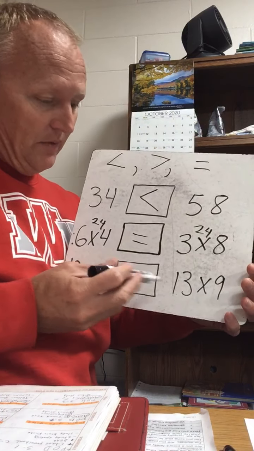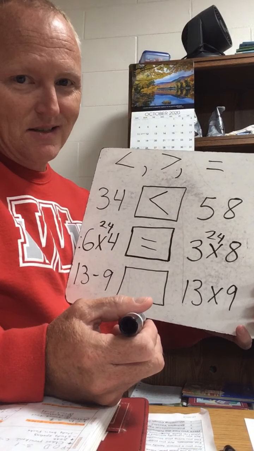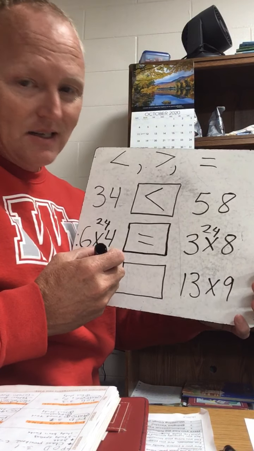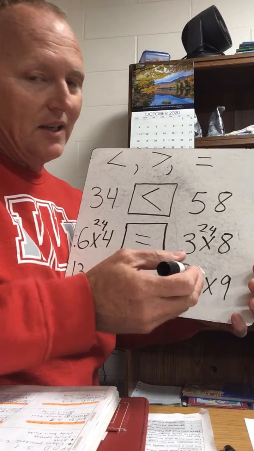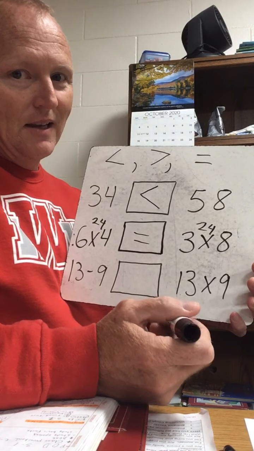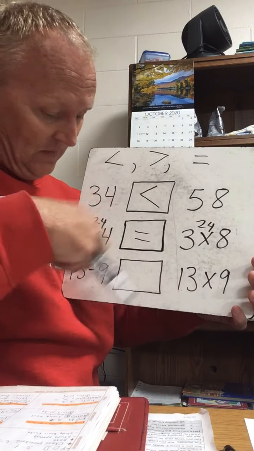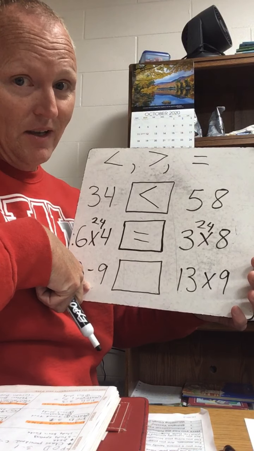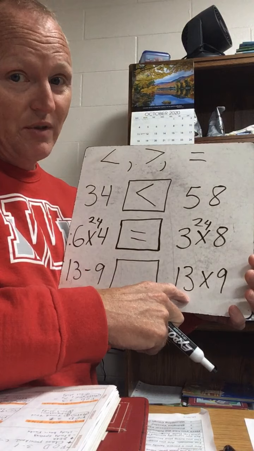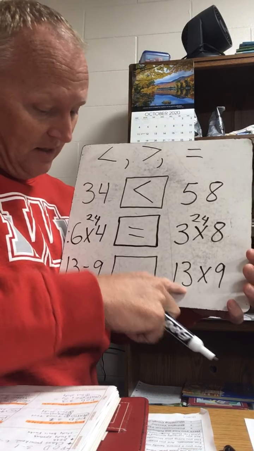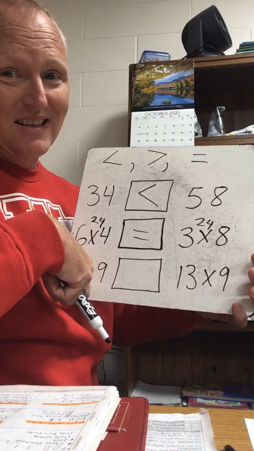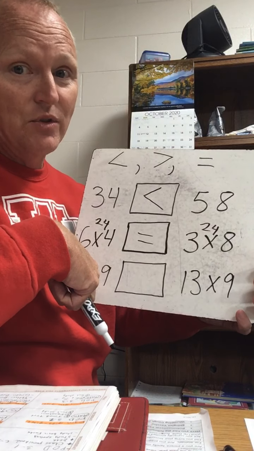Okay, over here, this one we can use common sense. You have 13 minus 9, and you have 13 times 9. Now logically, which one is going to be smaller? The one where you're subtracting, right? If you're doing 13 groups of 9, that's going to be a lot. If you're doing 13 minus 9, that's a second grade basic fact, which you should know.